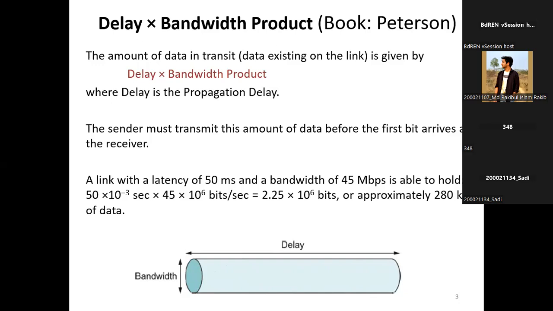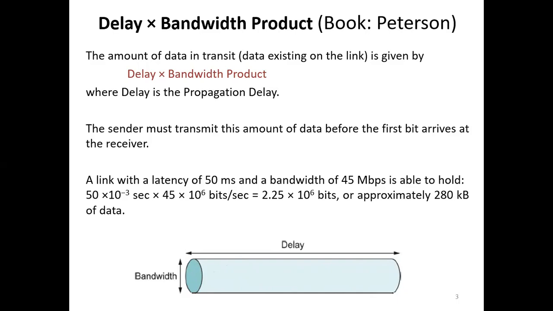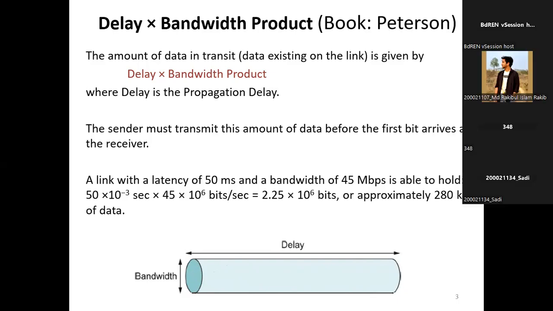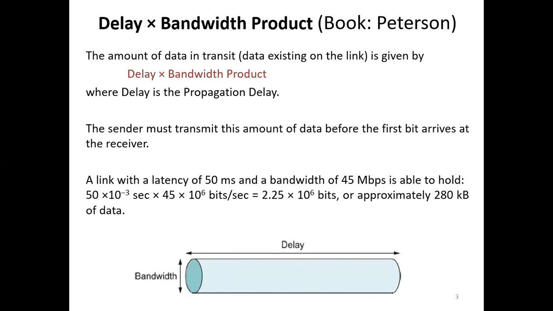If you multiply how long it takes to get to the other end by how much you're putting per second into the pipe, then you get how much water you have in total in the pipe. So this is the delay-bandwidth product.